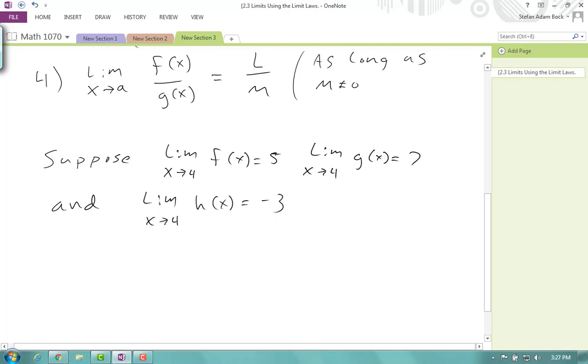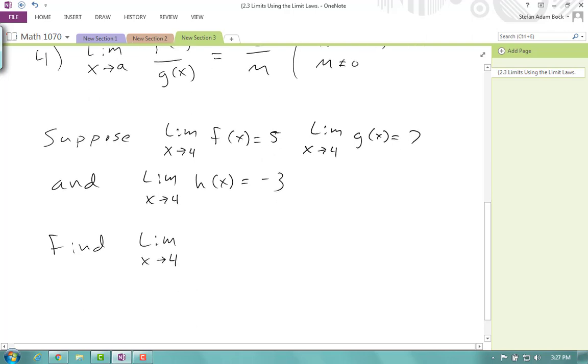Then I would be able to calculate the limit as x goes to 4 of 3 times f of x minus 2 times g of x, all divided by 1/2 of h of x times g of x.